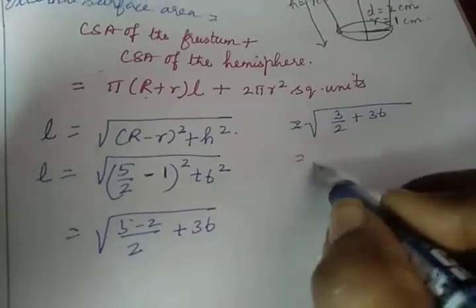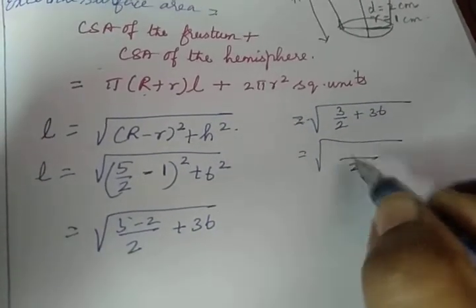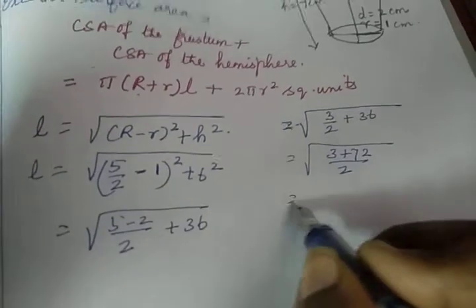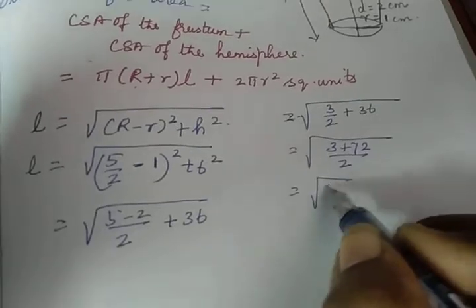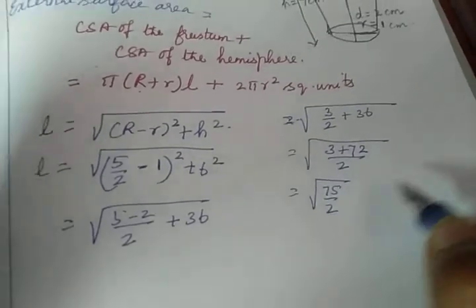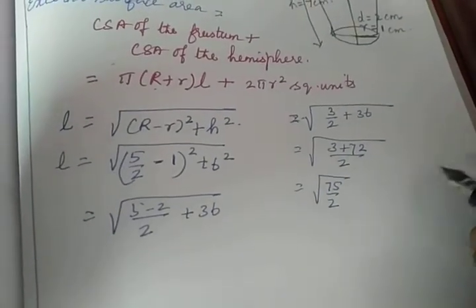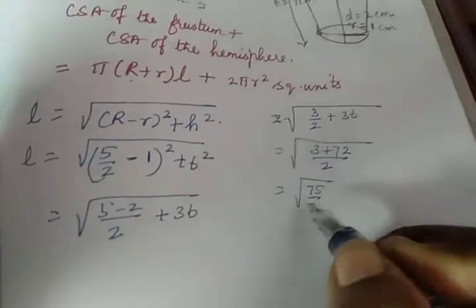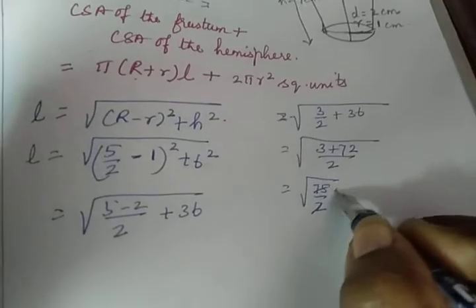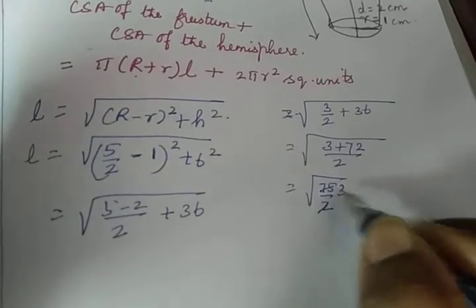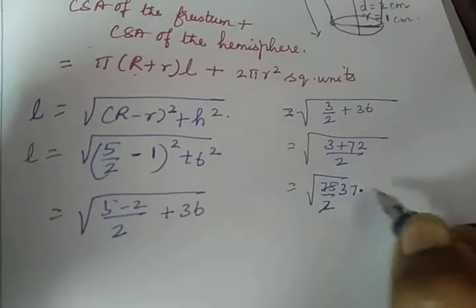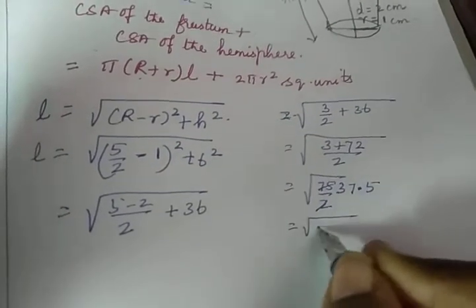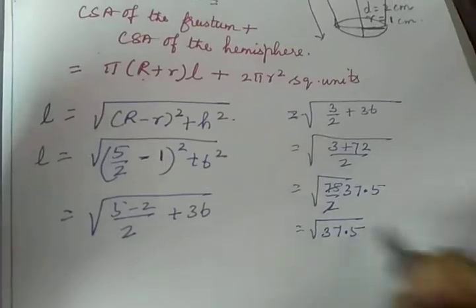Again take LCM. 3 plus 72 is root of 75 divided by 2, root of 37.5.